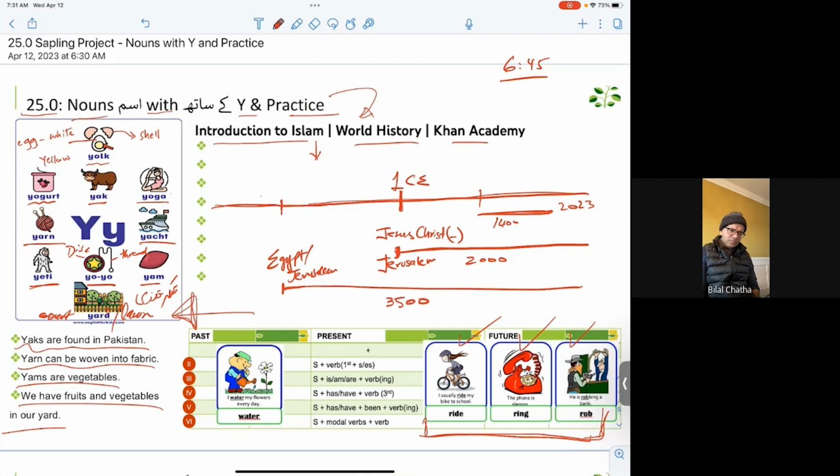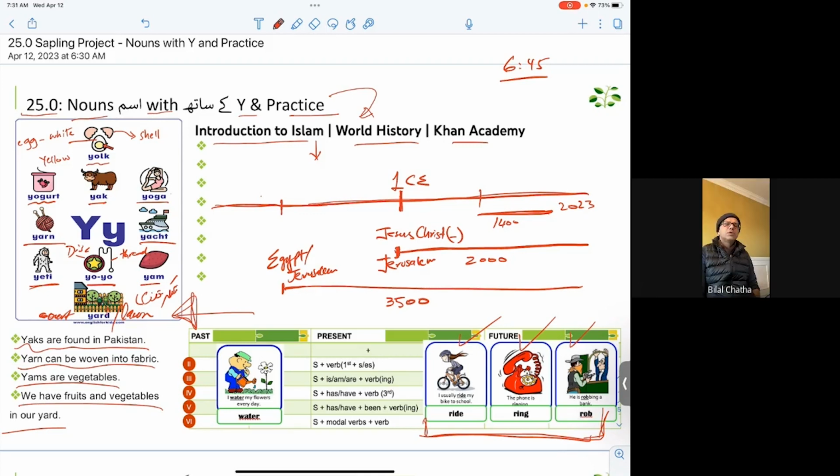Which other prophet is associated with Mecca? Sir, Hazrat Ibrahim. Full sentence. Hazrat Ibrahim is associated with Mecca. Any other prophets? Sir, Hazrat Ismail. Full sentence. Hazrat Ismail is associated with Mecca.